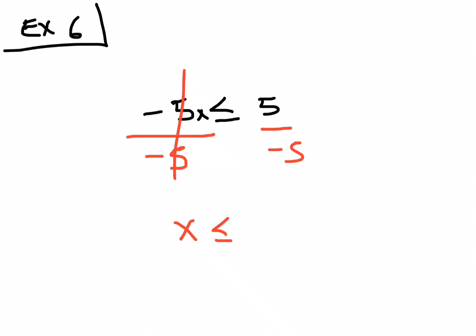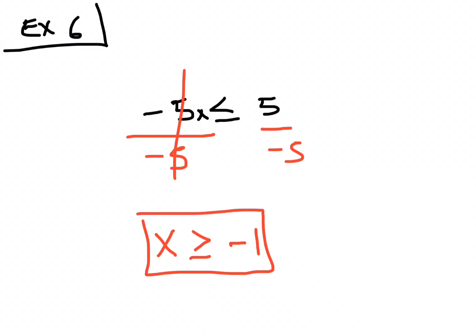Because I'm dividing by a negative, I need to switch the sign. So it's going to turn to x is greater than or equal to 5 divided by negative 5, which is negative 1. There we go. I almost got myself there. Make sure, guys, that's important. Your own teacher almost messed up here. The sign needs to change if we're dividing by a negative.